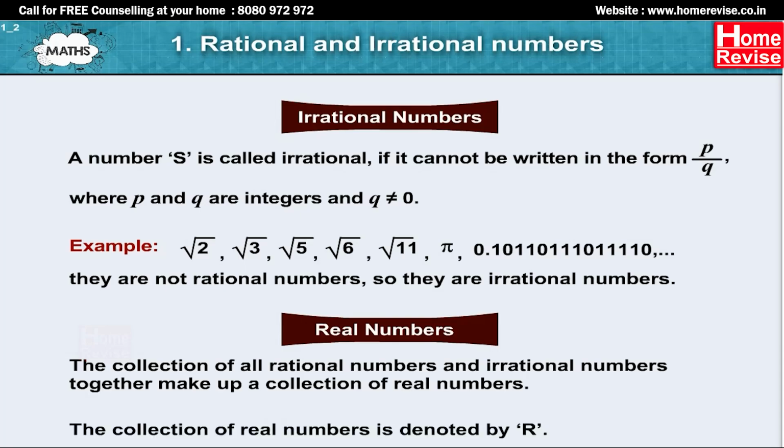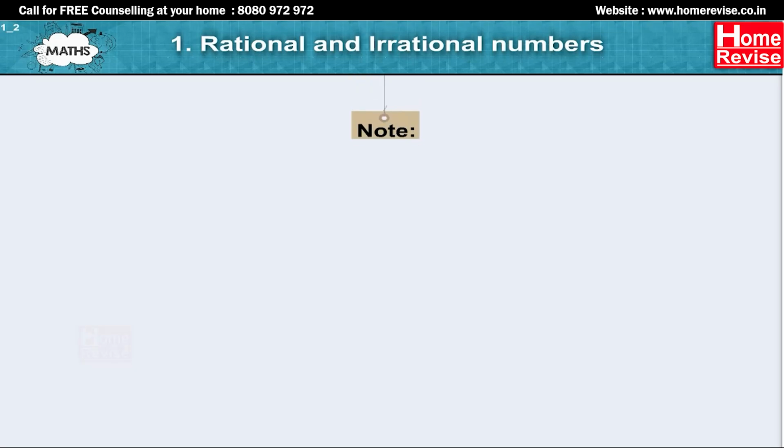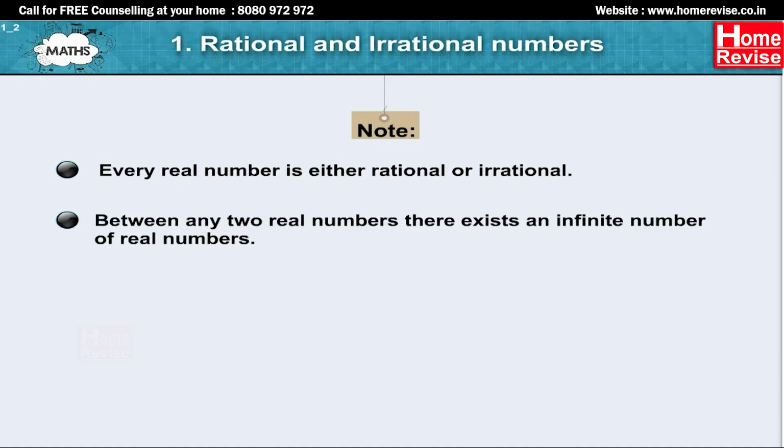The collection of real numbers is denoted by R. Note number 1: every real number is either rational or irrational. Number 2: between any two real numbers, there exists an infinite number of real numbers.